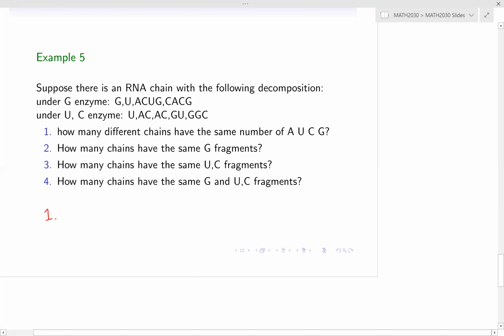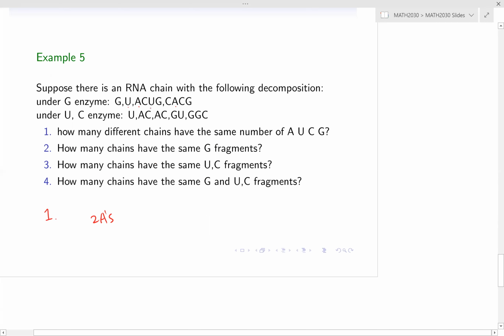How many different chains have the same number of A, U, C, G? Well, let's first count. How many A's are there? I see 1, I see 2. So we have 2 A's. And how many U's are there?